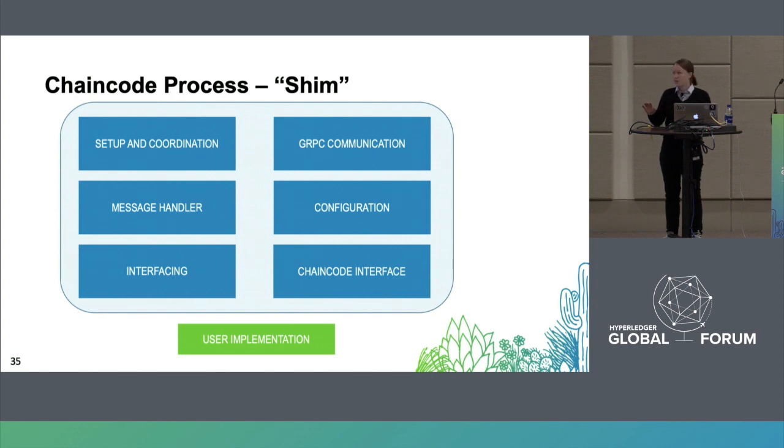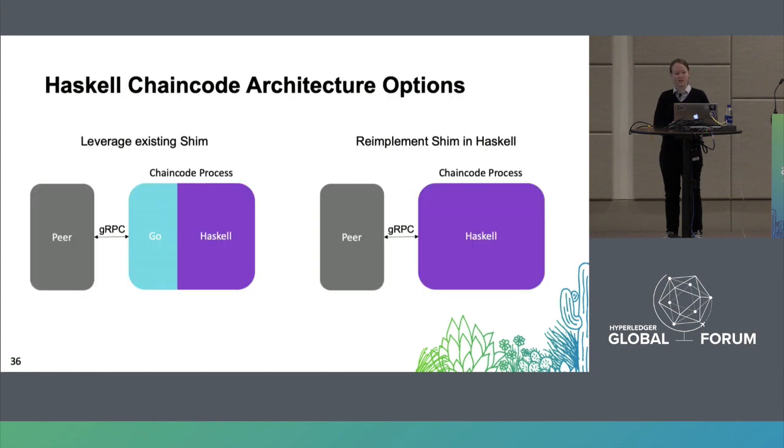But to do this, because the chain code involves all of these other things as well, we had to make some design decisions about how this would work. So we had two main options. The first one was to leverage one of the existing code bases out there, so use as much code that's already in existence as possible. So to do this, we would use the Go shim, and from that, we would take basically the gRPC communication portion of that.